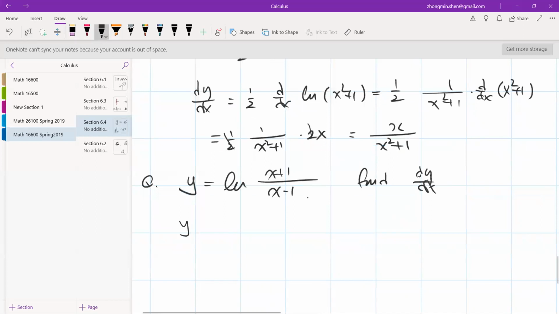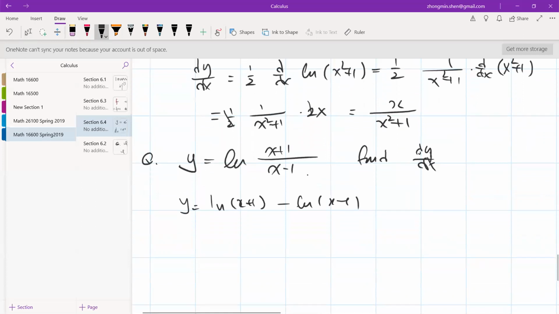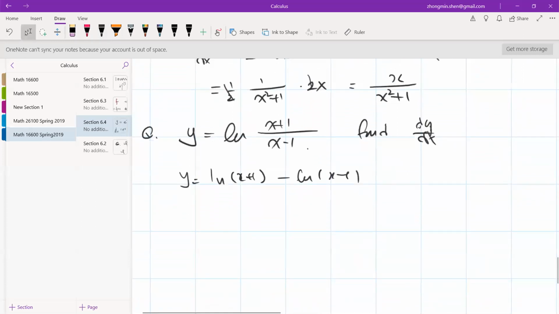So I need to modify it. It's going to be natural log of x plus 1 minus natural log of x minus 1. That's the good part of the natural log. Then it's easy to find the derivative of each term because x plus 1 is not a fraction. So dy over dx is the derivative of the first one minus the derivative of the second one.